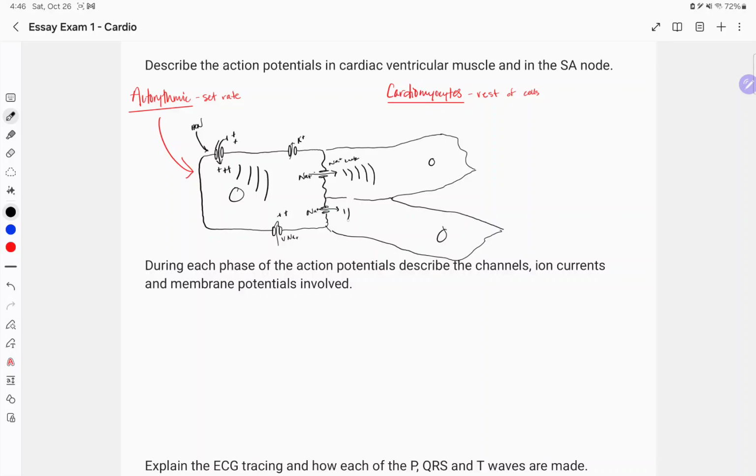That's going to communicate the facilitation of depolarization in the cardiomyocytes.